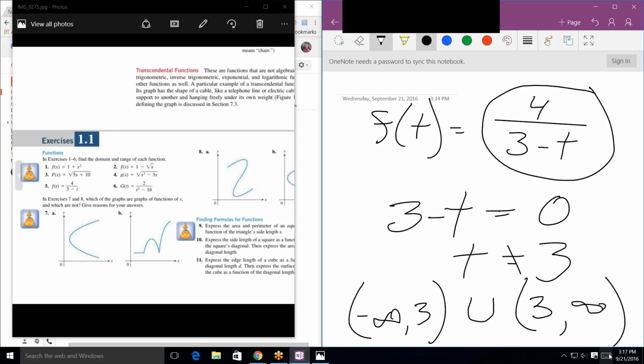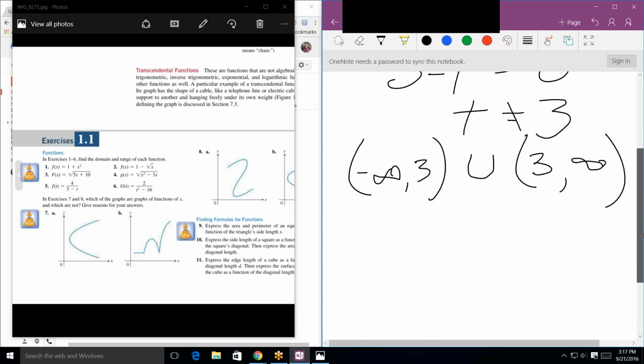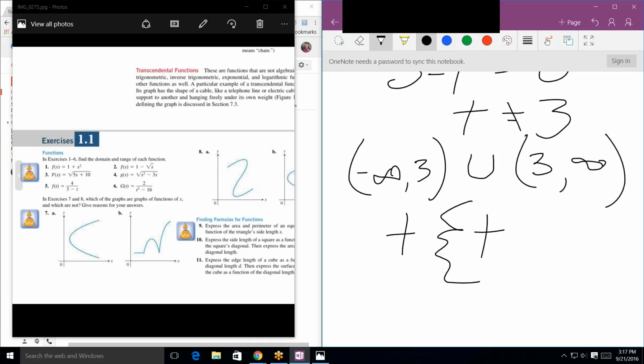In other words, that domain means the same thing as t is a member of T, and the only thing that cannot be true is t cannot be equal to 3. Okay?